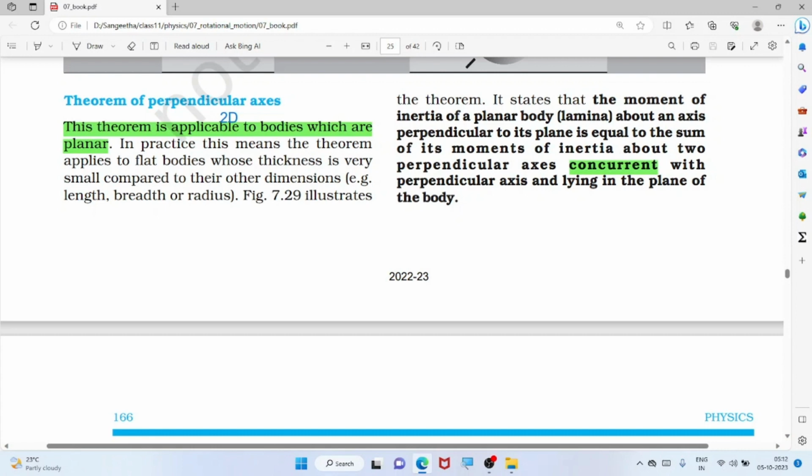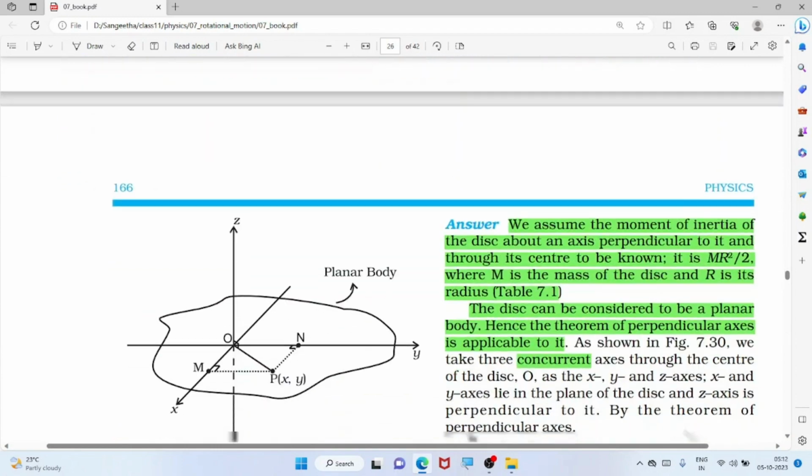All three axes should have a common point, and these two axes should lie on the plane, and the third axis is perpendicular to the plane. This is the resultant axis.